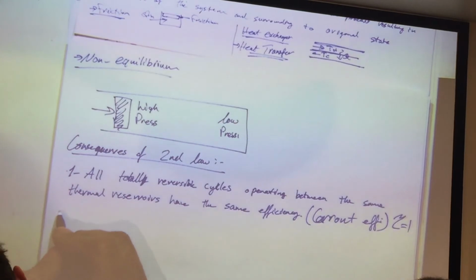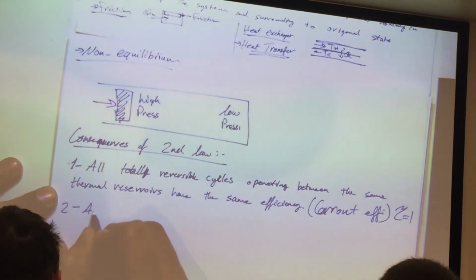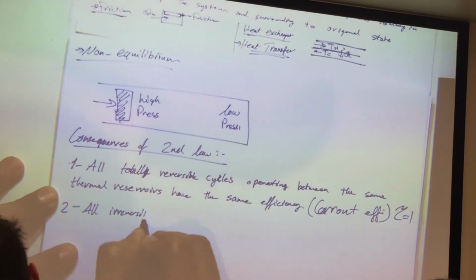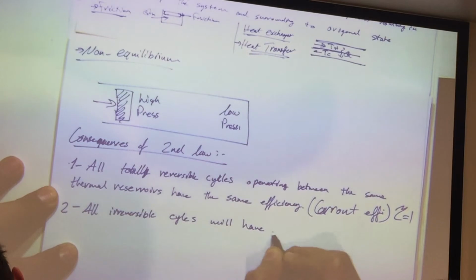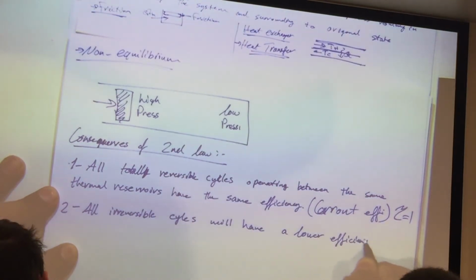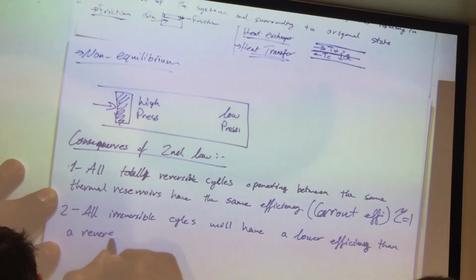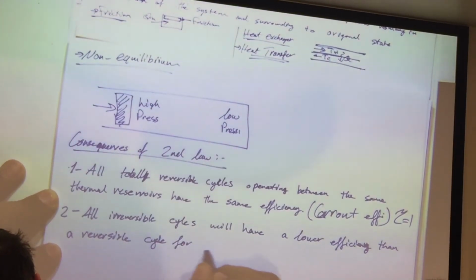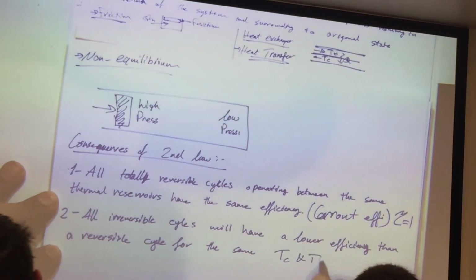Now, the second thing is all irreversible cycles or systems will have a lower efficiency than a reversible cycle for the same T cold and T hot conditions.